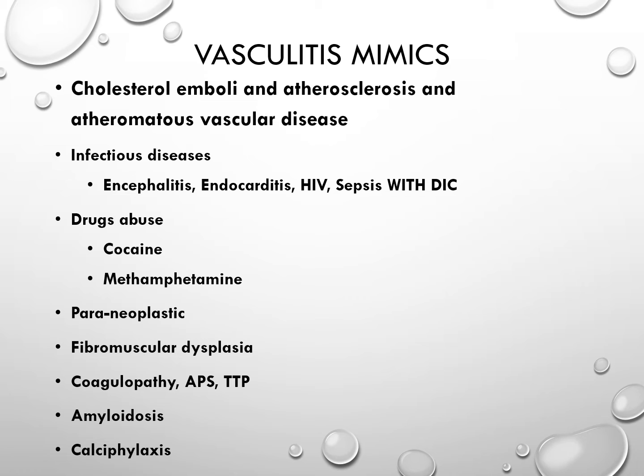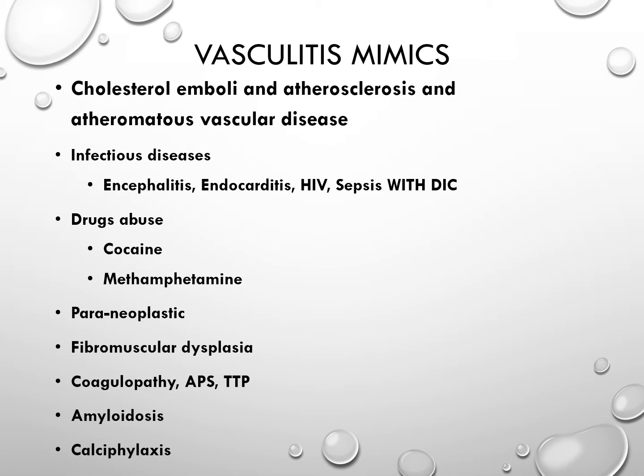What are the common vasculitis mimics? Of course, on top of your list is atherosclerosis, like our first case. It can be associated with manifestations mimicking vasculitis and, unfortunately, be misdiagnosed as vasculitis. Infection, of course, like encephalitis, endocarditis, HIV, sepsis with DIC, all of these manifestations can mimic vasculitis.